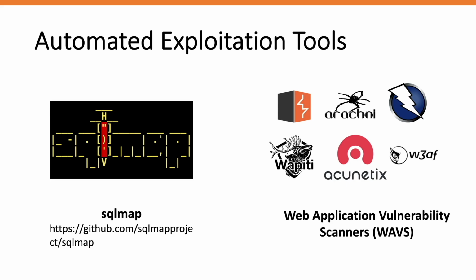Some of these tools are open source, whereas others are paid. So something to look into. Of course, these tools have limitations and they operate from a black box perspective. There are other tools that operate from a white box perspective. They're called static analysis tools, whereas these are called dynamic analysis tools. So something to look into when you want to automate a portion of your web application testing.